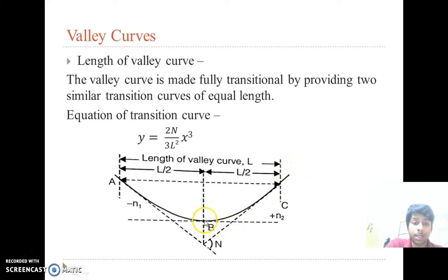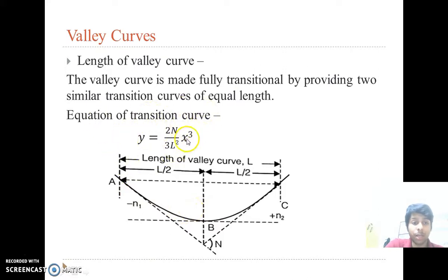Because of that the straight road meets circular radius R, then R goes to the straight road of radius infinity. So there will be no problem of discomfort on the transition curves. So the length of transition curves we can provide on the basis of comfort criteria. We are providing this transition curve as a cubic parabola.